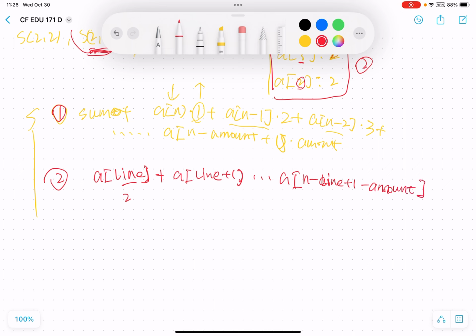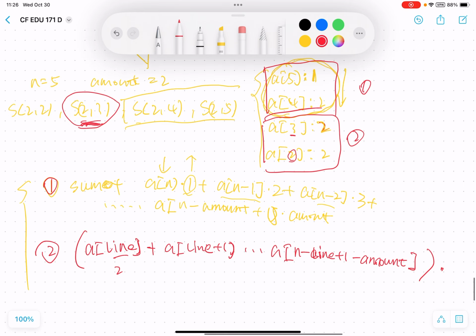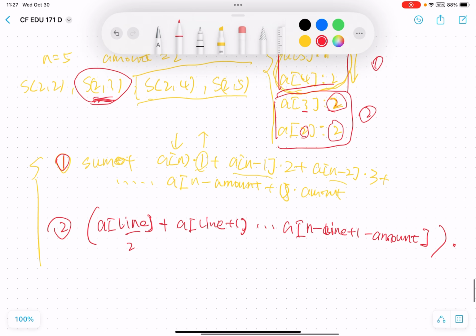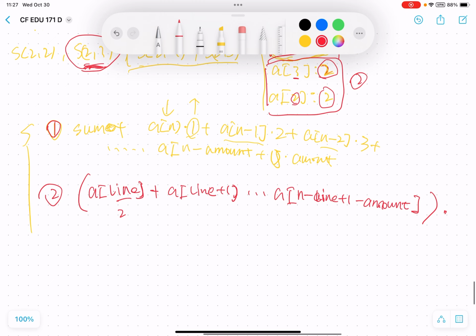So we need to sum this and multiply by some times. What times can we write it? There will be amount, because we need amount. This is how we calculate the sum of the second part.